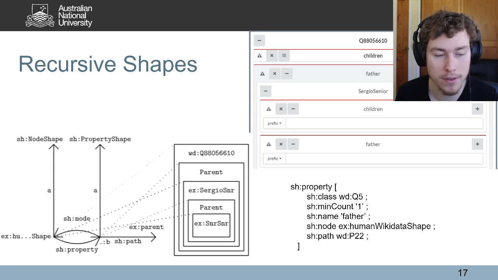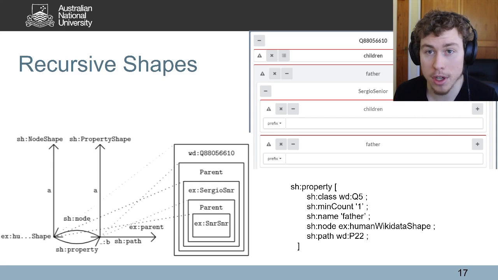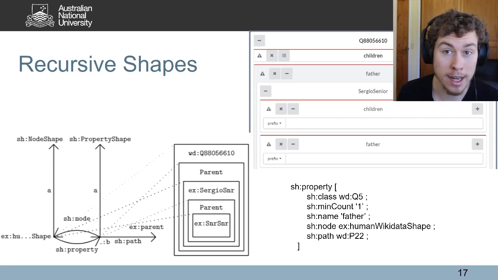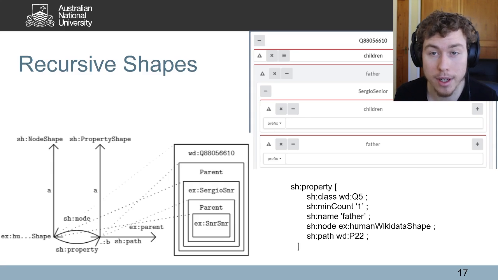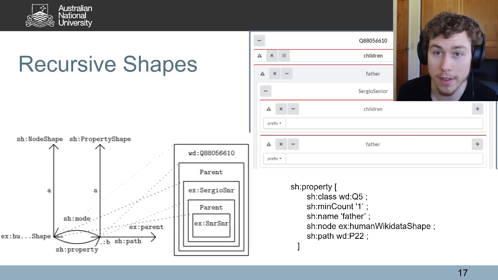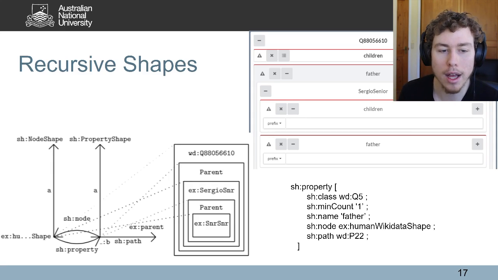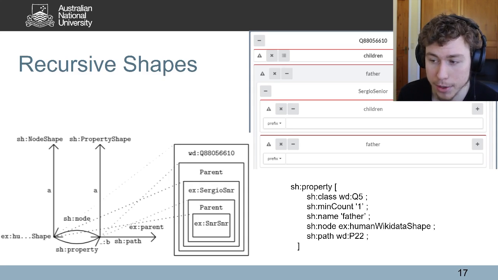So this is a recursive structure. And what we do is, if we fill out the name Sergio Sr., and that is an incomplete human within the graph, then we generate a new human form within this field, so that users can continue to fill out these details.